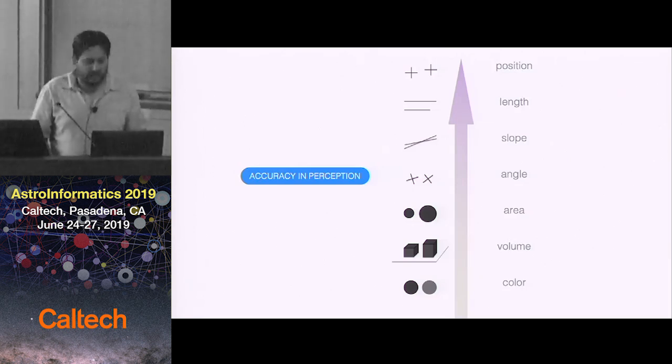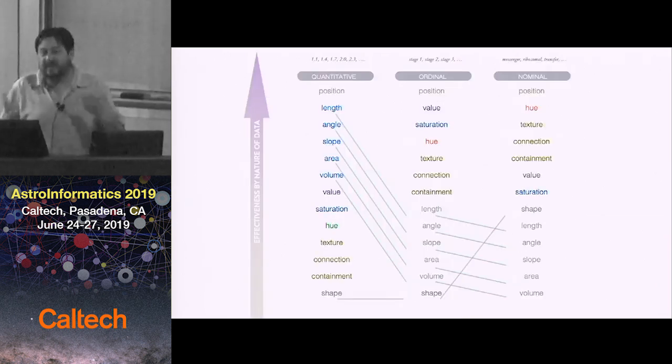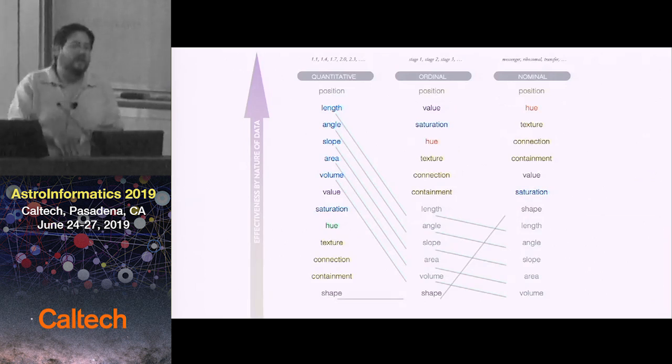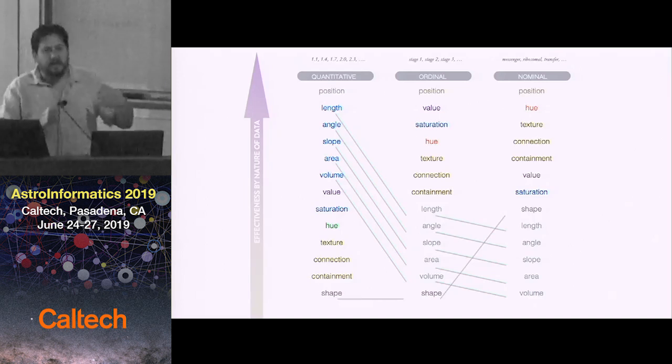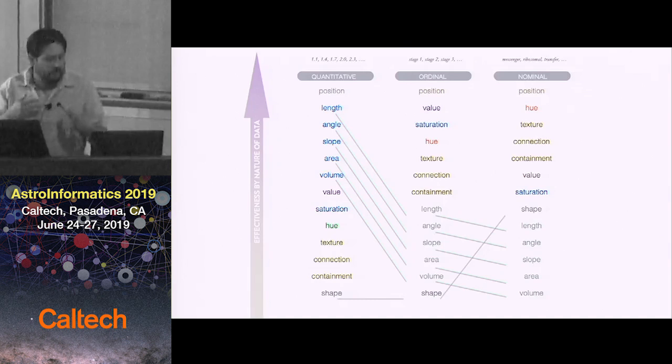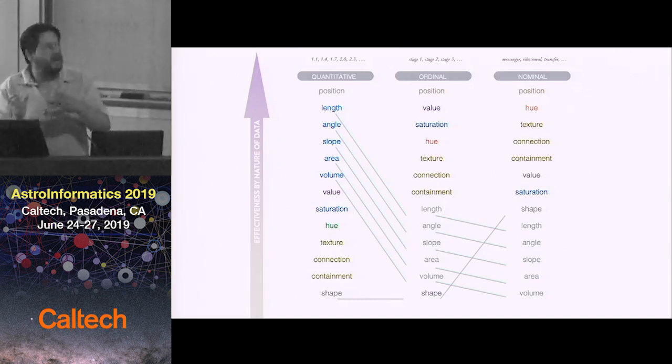Volumes we're extremely bad at, and color, especially when it comes to small changes in color, our system is pretty bad at it. But that said, it depends on the type of data that you're using. For instance, if we're talking full quantitative data, just decimals, then position and length are pretty decent ways to encode it. But if we're talking about ordinal or categorical data, nominal data, when you have very specific categories, then things like hue all of a sudden are pretty good.